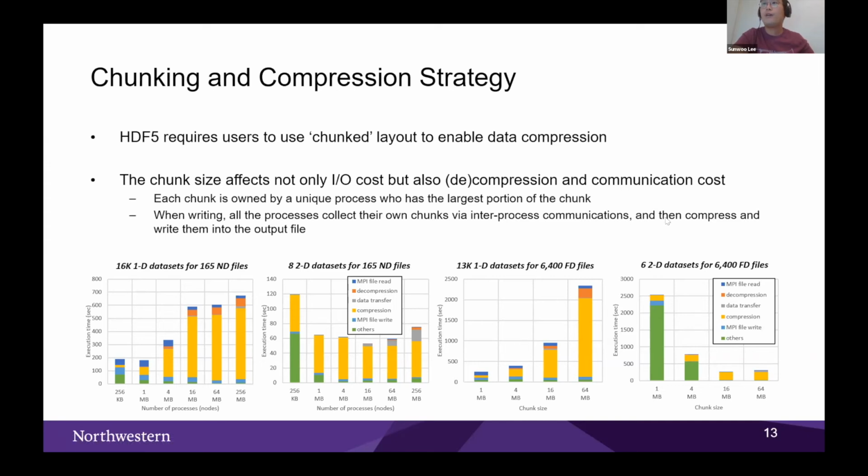And for the FD files, 6,400 FD files, each file is smaller than ND files. So these two sets of files show kind of different behaviors, but similar. The larger the chunk size, the more expensive the communication cost, while the metadata handling cost is cheaper.